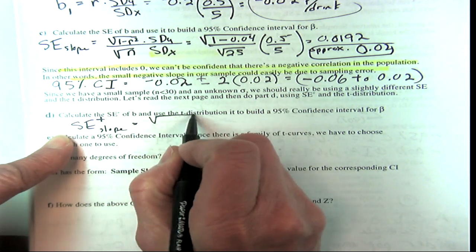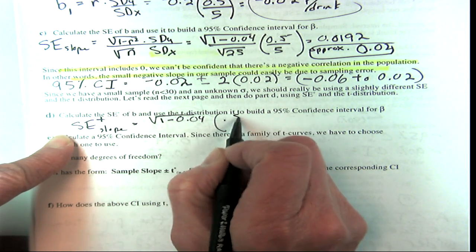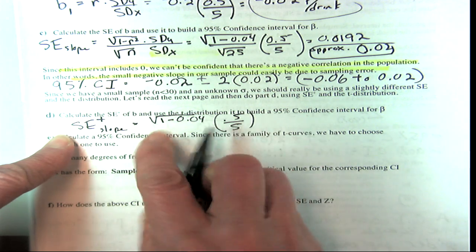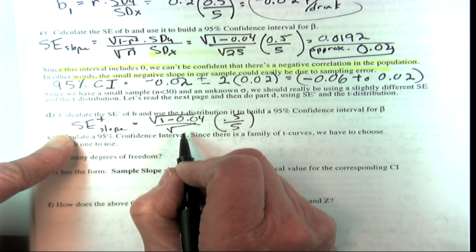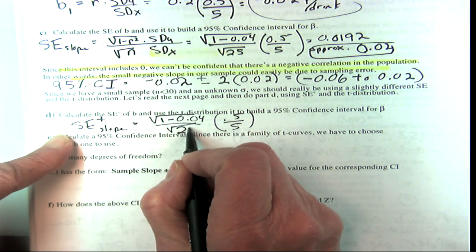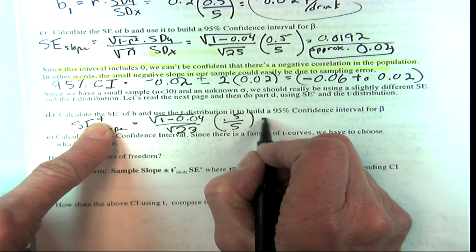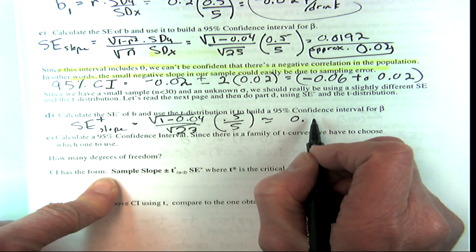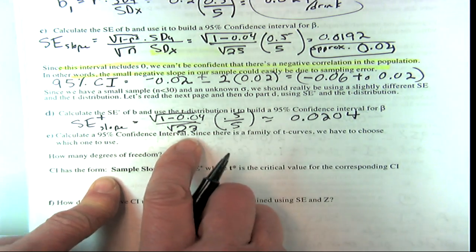Square root of 1 minus... What's going to change? The only thing that's going to change is the n. And instead of 25, what are we going to have? 23. So that's going to make it a little bit bigger, right? And when I did that, I got 0.0204. It's a little bigger because you're dividing by a smaller n.